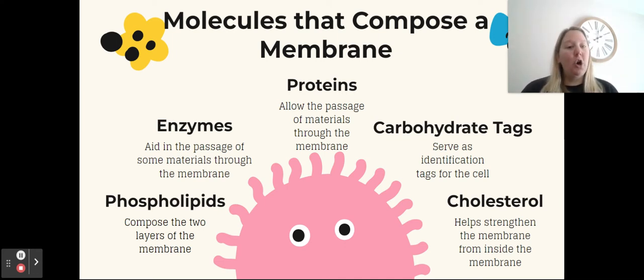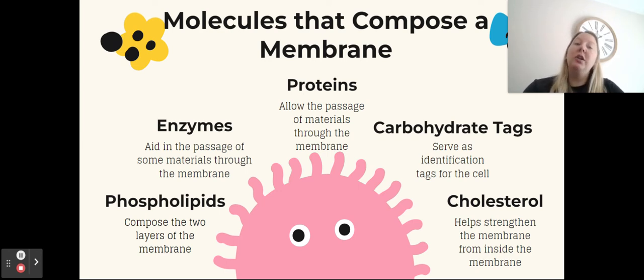We also have something called a carbohydrate tag. This is a carbohydrate that sits on the outside of the cell membrane, and it serves as an identifier to the cell. Sometimes it tells the materials what type of protein it is. For example, the protein that allows water through the membrane may have a carbohydrate tail on it that says, "Hi, I'm your passageway for water." Other times it just tells the cell and other cells around it what type of cell it is, so the right material gets to the right cell.